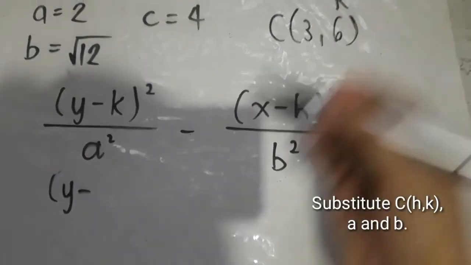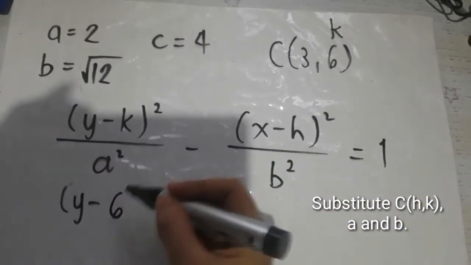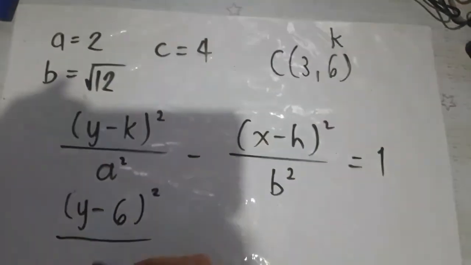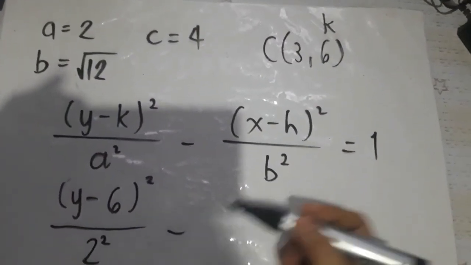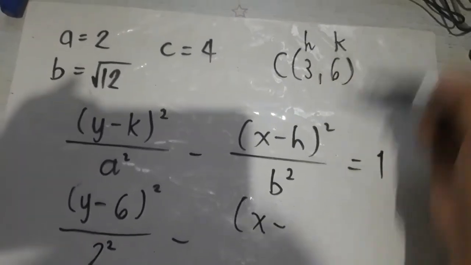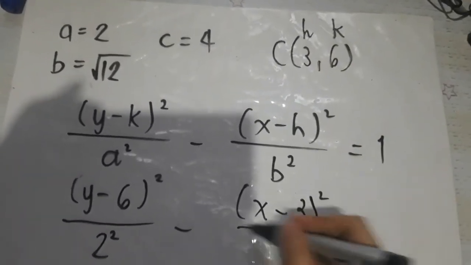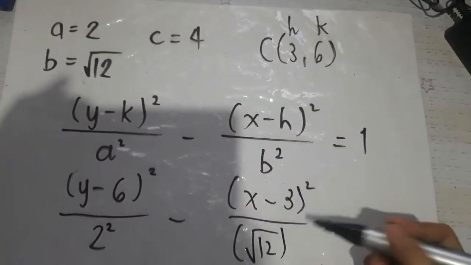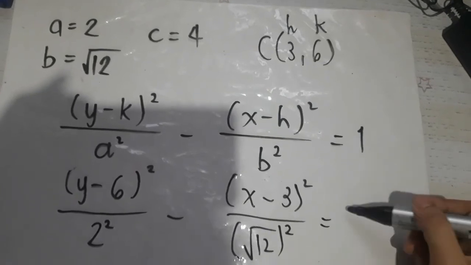So k is equal to 6, y minus 6 squared over a is 2, so we have 2 squared, minus the quantity of x minus h, where h is 3, 3 squared over b, which is the square root of 12, so we have the square root of 12 squared, equals 1.